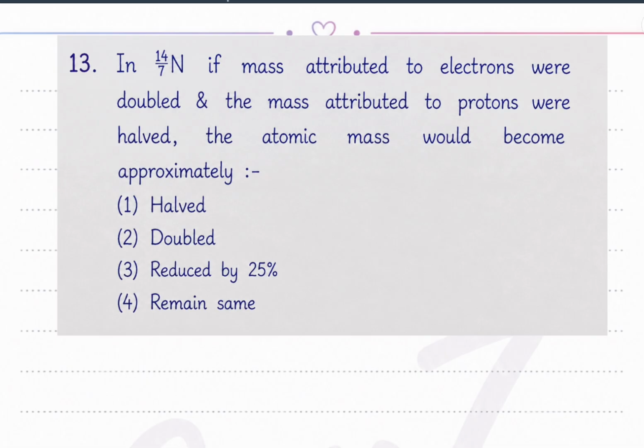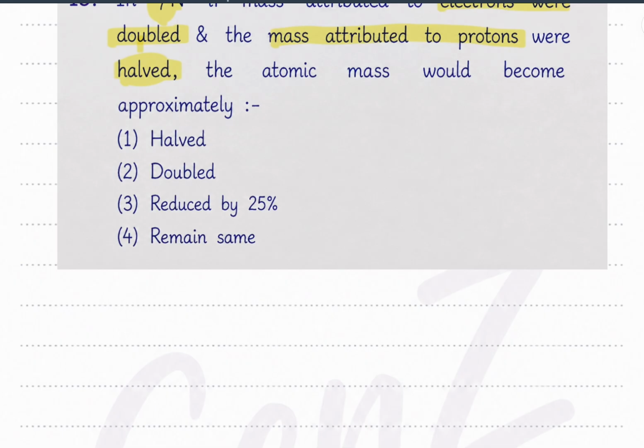In N 14 7, if the mass attributed to electrons were doubled, but the mass attributed to protons were halved, so regarding electrons it is doubled, regarding protons it is half, the atomic mass would be approximately what is being asked. Observe carefully here.